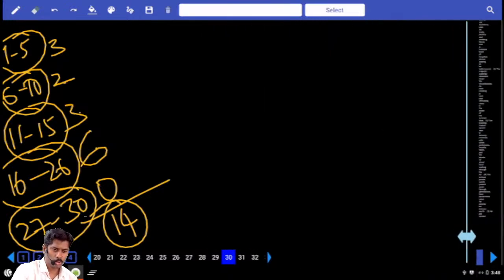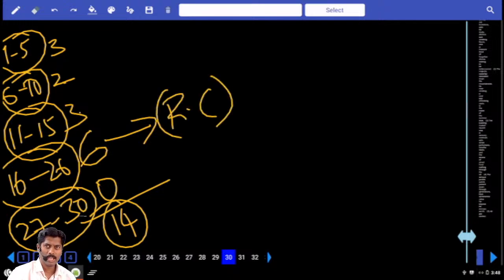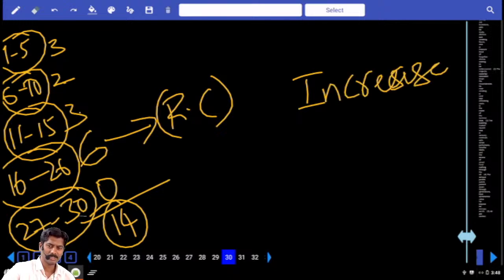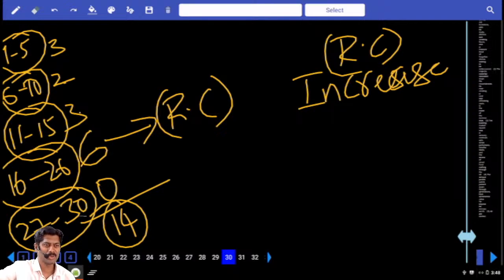Do not miss RC in any of the comprehension passages because you will get the lion's share of marks from RC only. If you want to increase your score in English, never miss RC. Because RC does not require your grammar, right? Do you require all grammar rules, all chapters' rules?